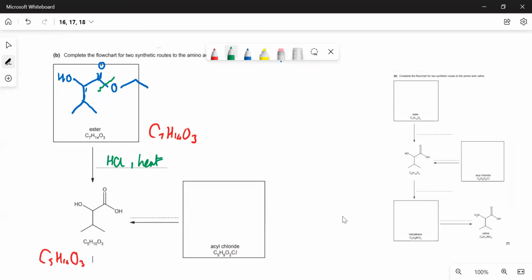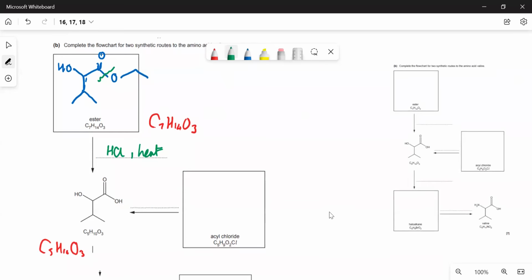Okay, let's have a look at this bit here. Well, we've turned an acyl chloride into a carboxylic acid. So you've got rid of the chlorine and turned it into carboxylic acid. How do you do that? Well, you just react it with water. What's the acyl chloride going to look like? It's obviously going to look like this.